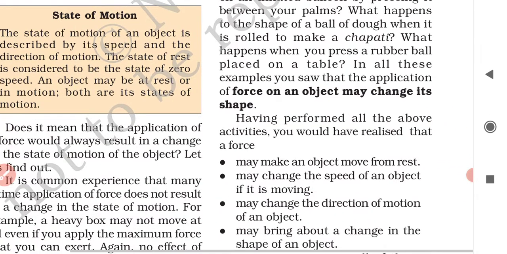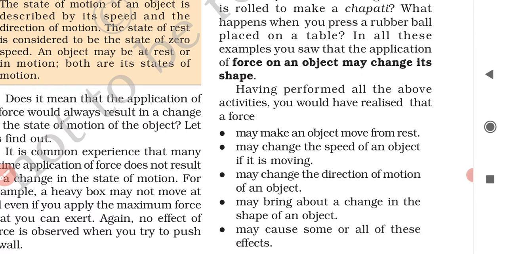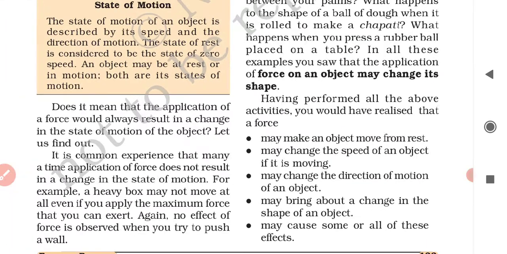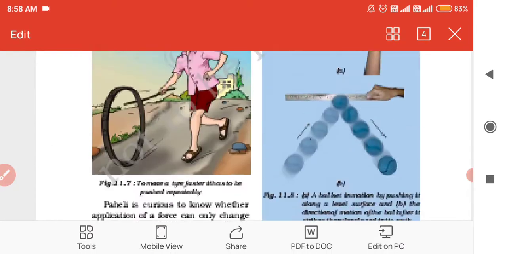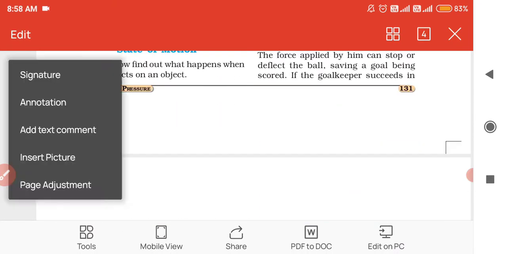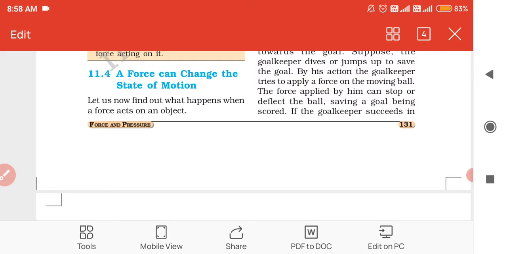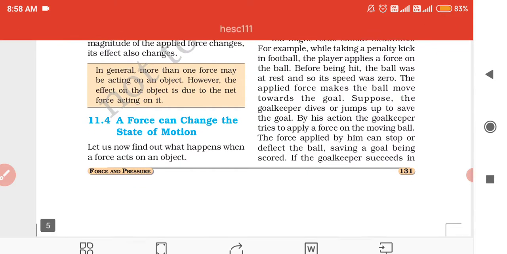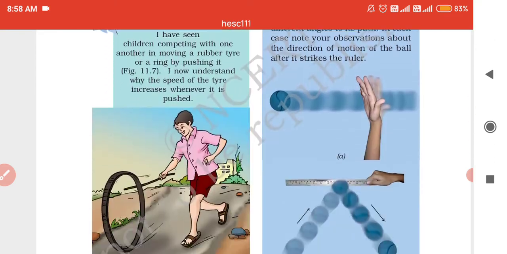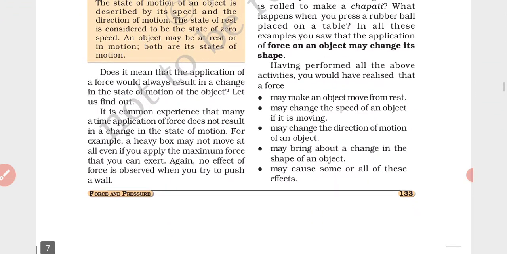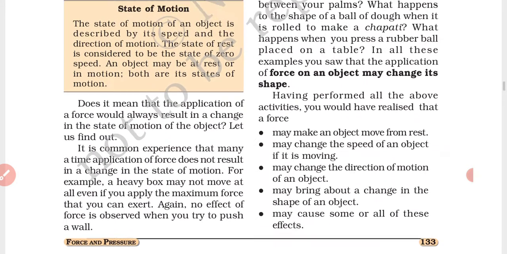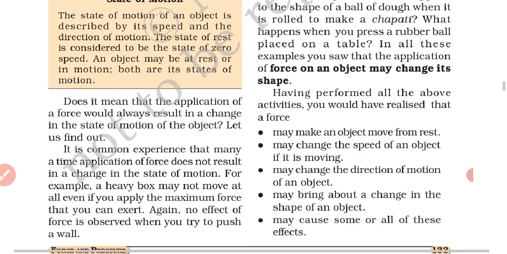Okay. So having performed all the above activities, you would have realized that a force may make an object move from rest. In the previous video and in the section of force can change the state of motion, we have learned that a force can make an object move from rest when it is applied to an object.